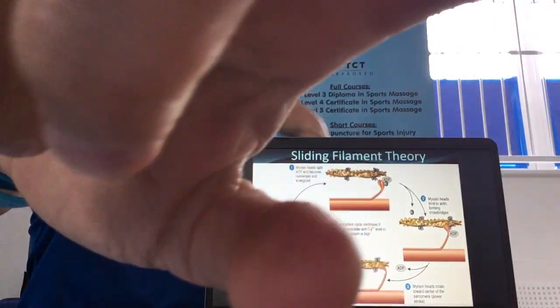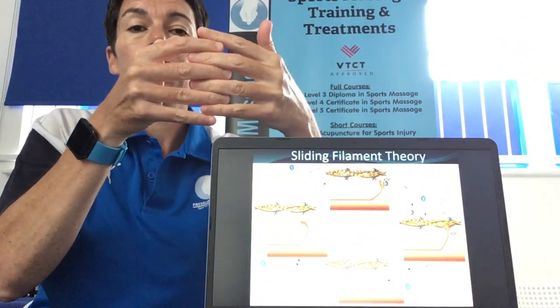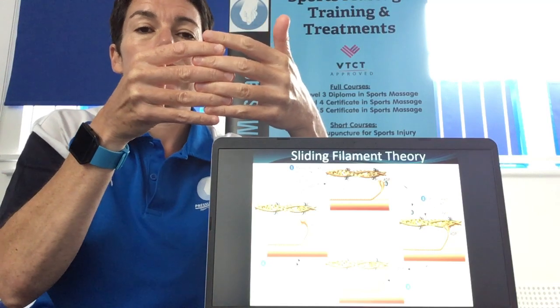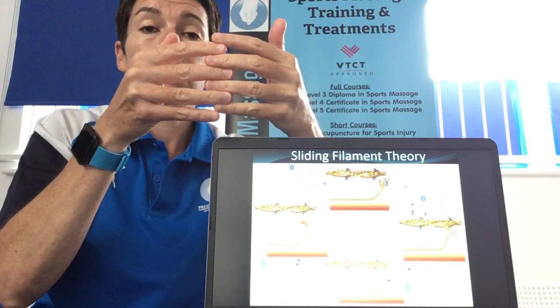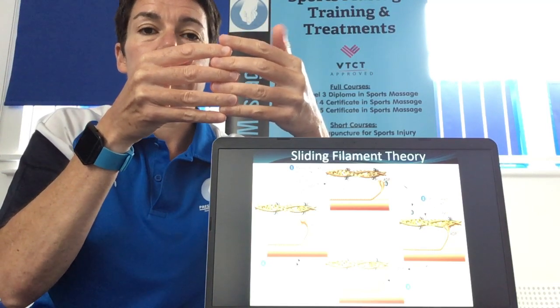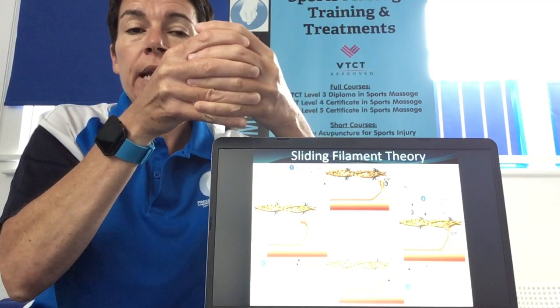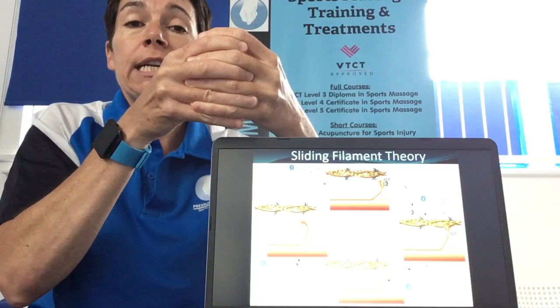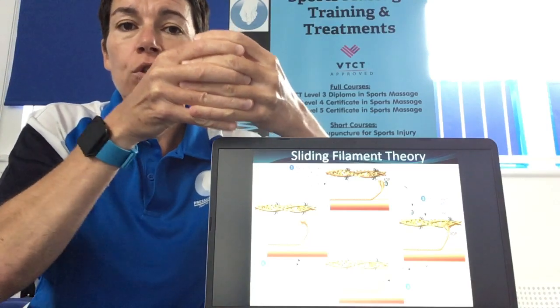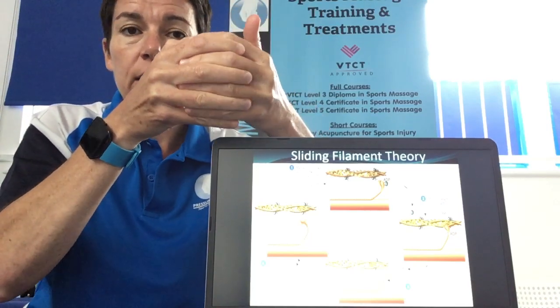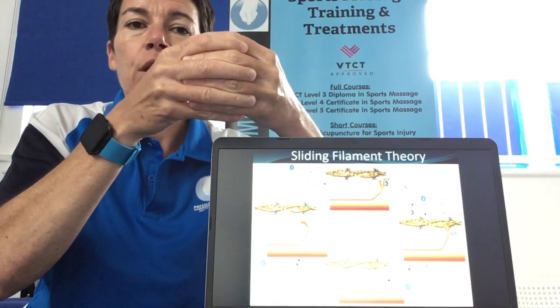Let me click on here, a bit clearer. There we go. Okay, this is a resting muscle. It's overlapped in the middle, but it has the ability to shorten. So when a muscle shortens, it gets shorter, but you can see it's also got wider. But it can't shorten any more than that because it's got to the end. Okay, so that's the overlap.